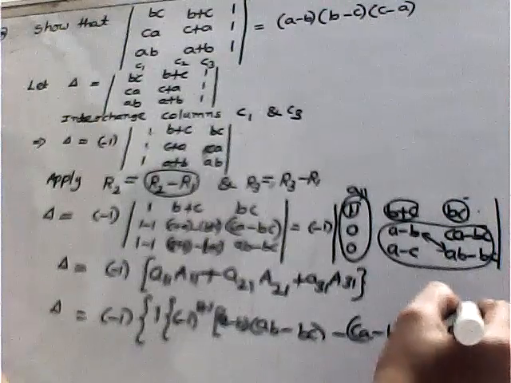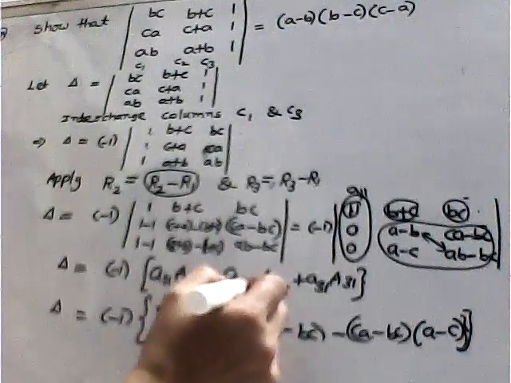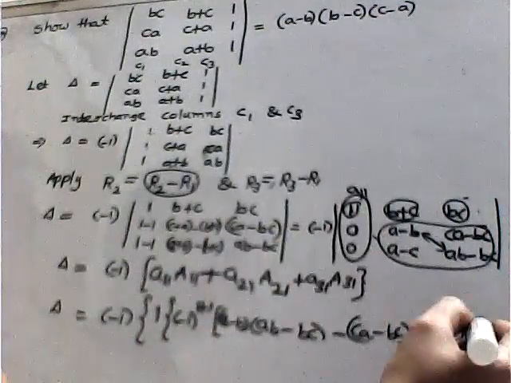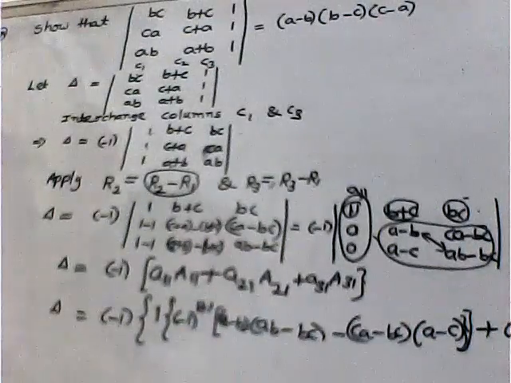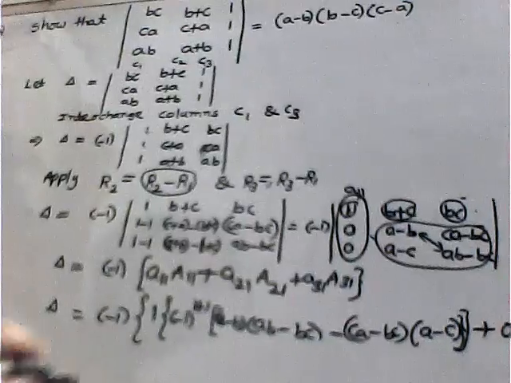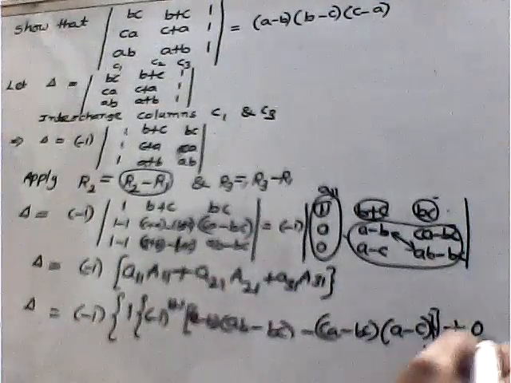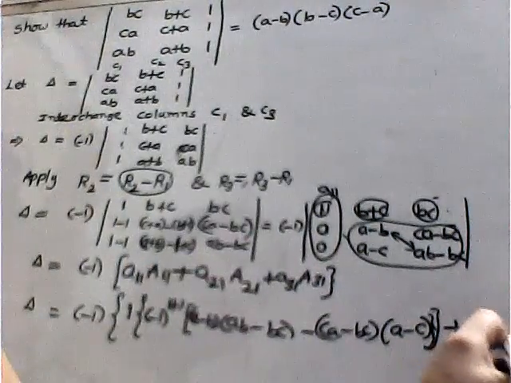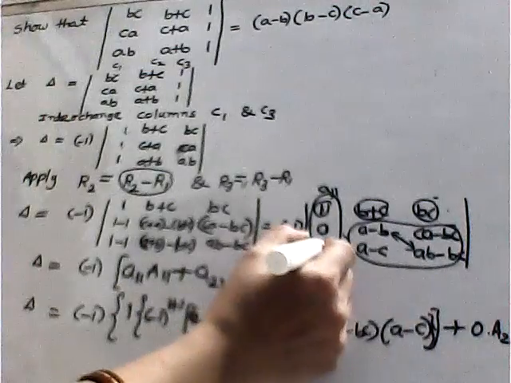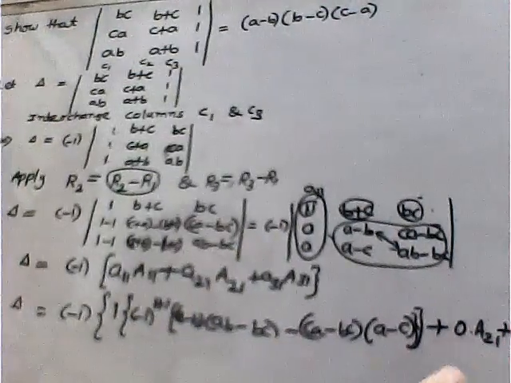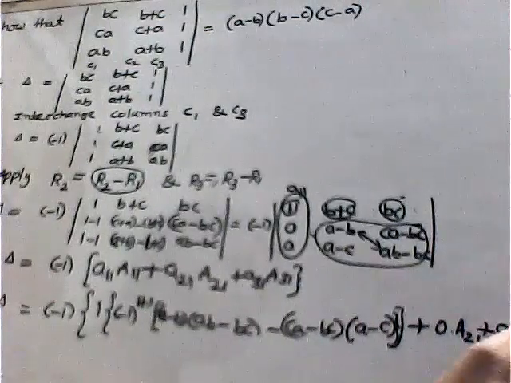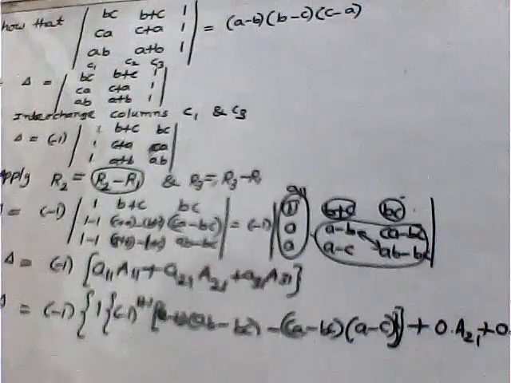Next, capital A21 is equal to 0, so this term is 0 into A21, plus next A31 is also 0, so we take 0 into capital A31.